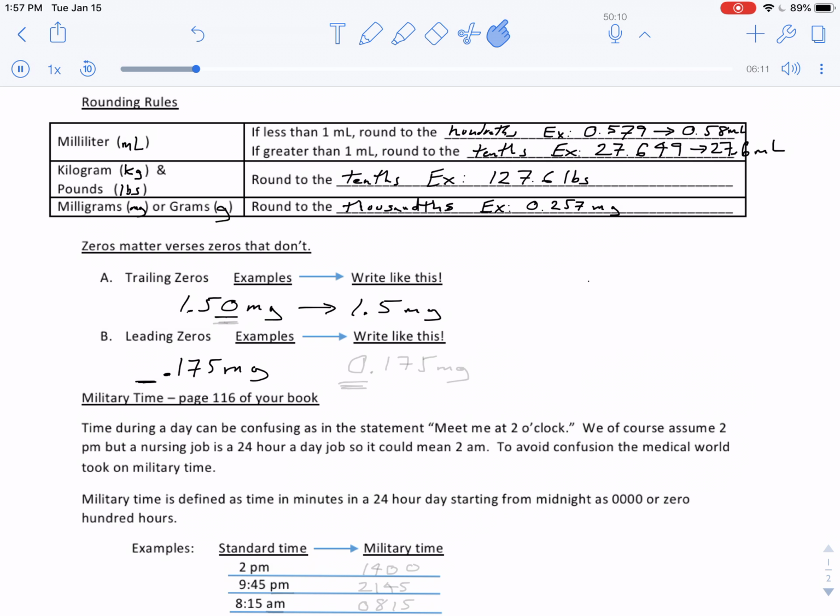And many doctors write really fast, and nurses and people in general write really fast. And so you might miss that dot, and you might think it's 175 milligrams as opposed to 0.175 milligrams, and that would be a drastic difference between a medication from one to the other.